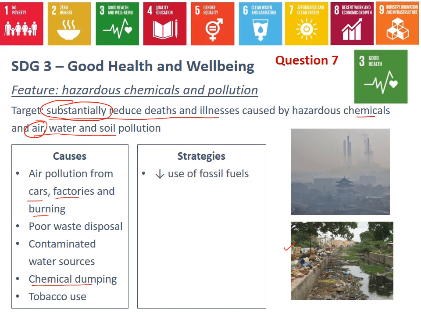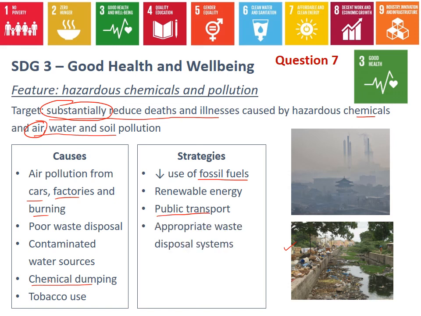Strategies for decreasing these issues are things like diverting from fossil fuels. We need to stop using coal and gas and oil as our fuel sources. That means investing in renewable energy sources. Having more people using public transport, so not everyone's using a car or a motorbike to get around. Improving waste disposal systems, having adequate garbage collection or ways to dispose of chemicals and things like that.